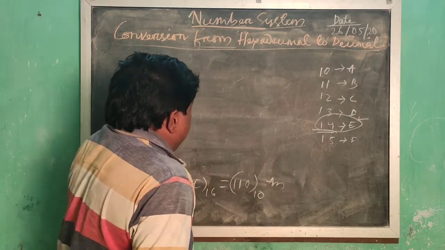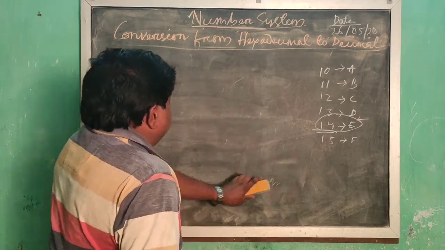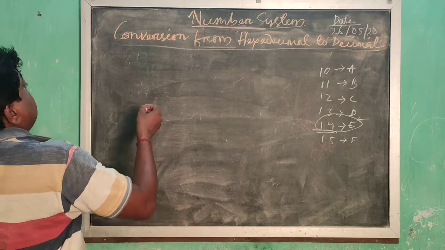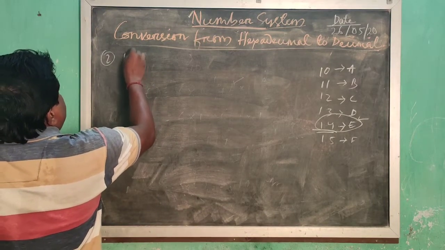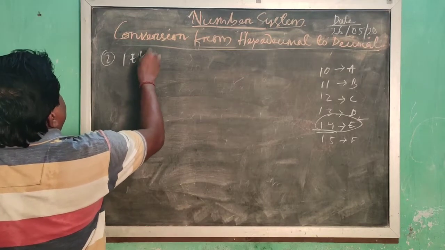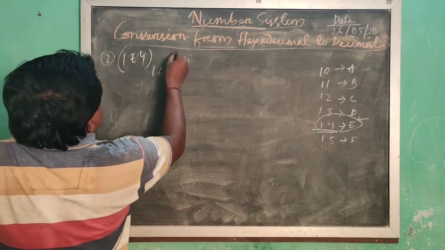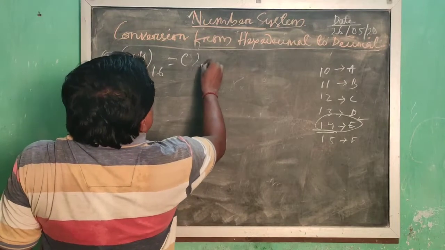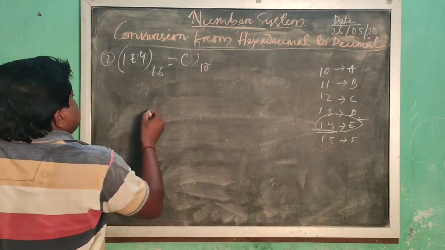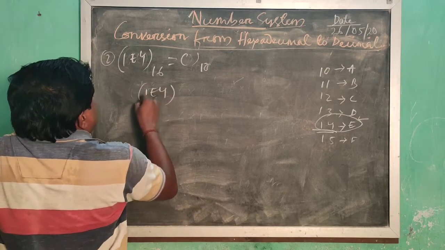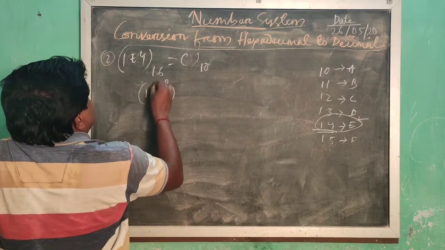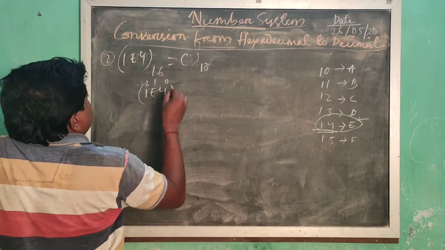Another example we will solve here: 1E4, base 16, we need to convert it into decimal form. Then you write the number 1E4, put the place values 0, 1, 2.